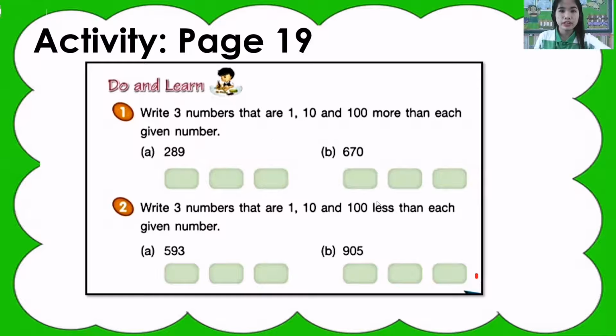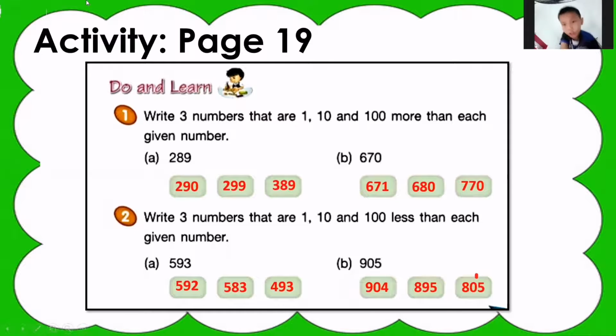Okay, are you there already? So in number 1, you are going to write 3 numbers that are 1, 10, and 100 more than each given number. So letter A, that is 289. If you will add 289 plus 1, that is 290.